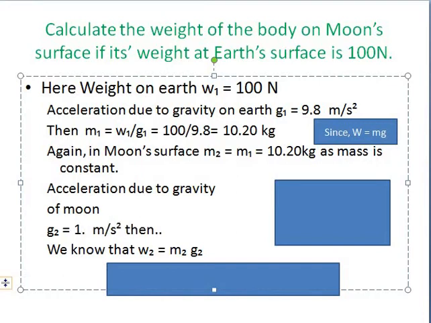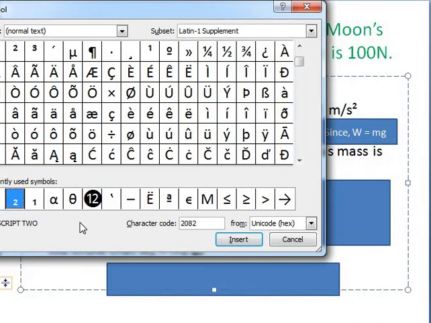It is 1.67 meter per second square. Then what do we have to find? We have to find the weight, W2. Let us write it in the suffix notations.